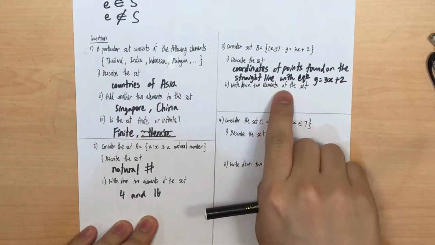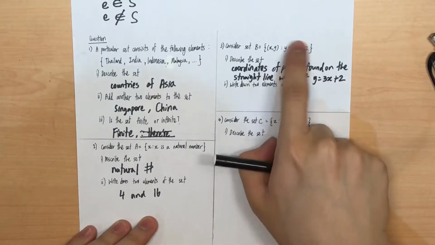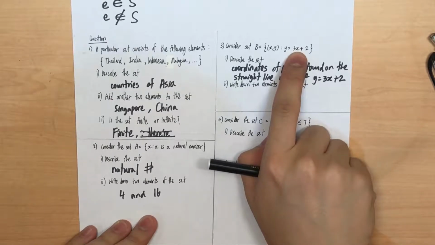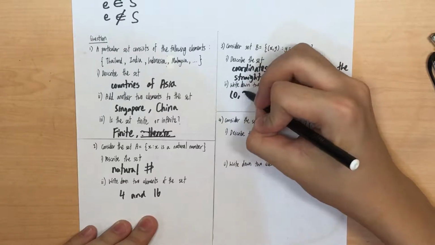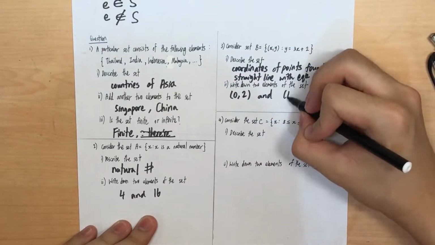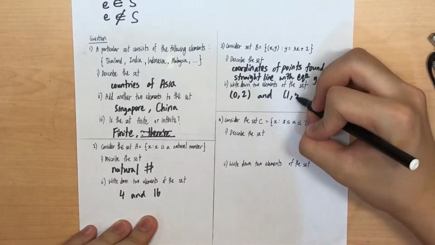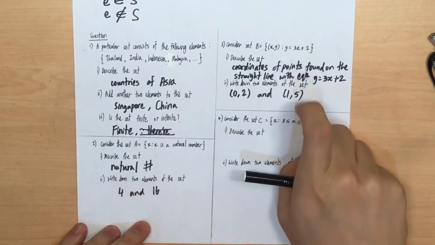Write down two elements of the set. You can use any value as long as it fulfills this equation. Maybe x is 0; when x is 0, 3 times 0 plus 2, y is 2. So you can write (0, 2). And maybe when x is 1, 1 times 3 is 3, plus 2 is 5. So these are two elements of the set B.